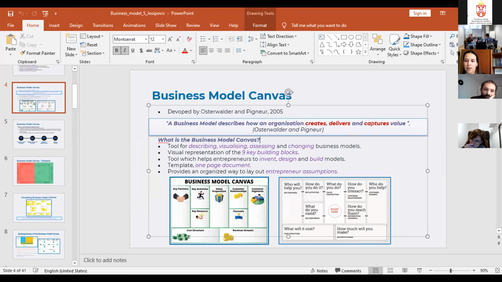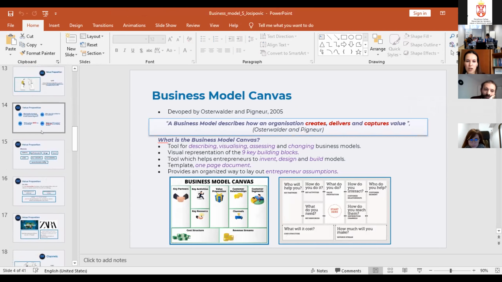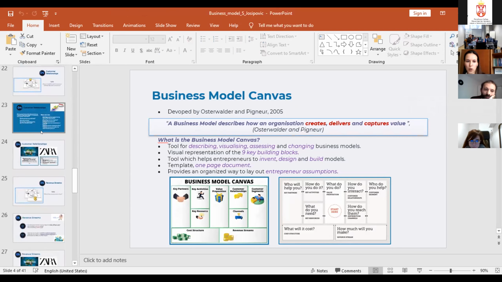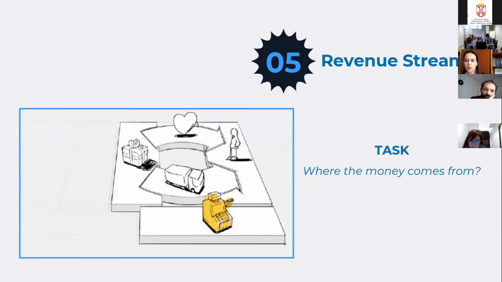So this fifth block of the business model canvas, called revenue streams, is very important. It shows how we capture our value. So let's see what we have to define in this fifth block of the business model canvas.